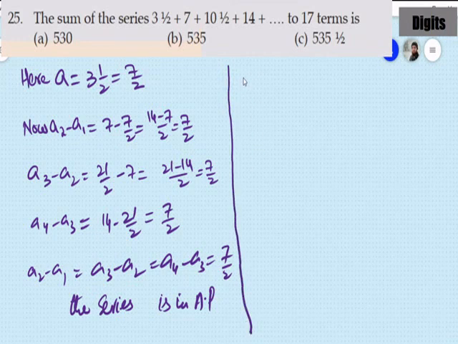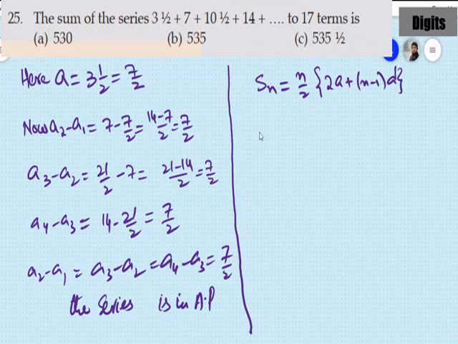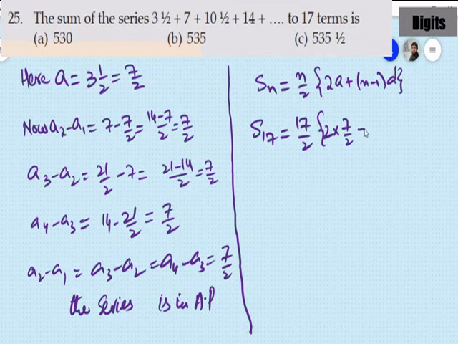We know if a series is in arithmetic progression, and the number of terms is n, then Sn is equal to n by 2 into 2a plus n minus 1 d. But here we are asked the sum of 17 terms, so it will be 17 by 2 into 2a. A is 7 by 2 plus n minus 1, that will be 16, and d is 7 by 2.